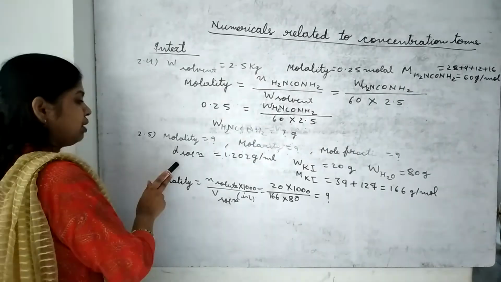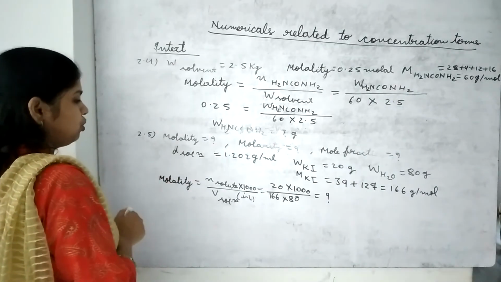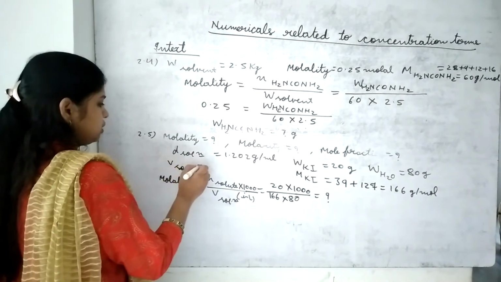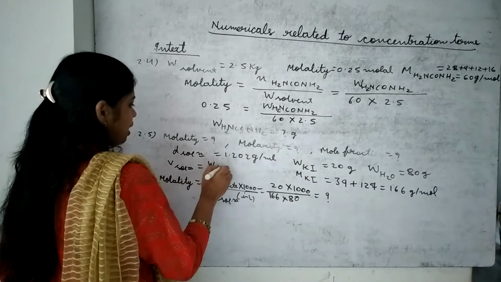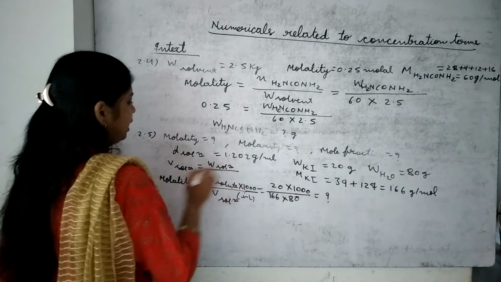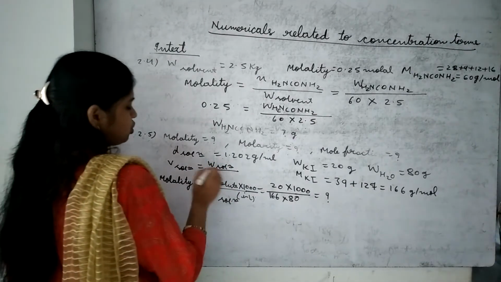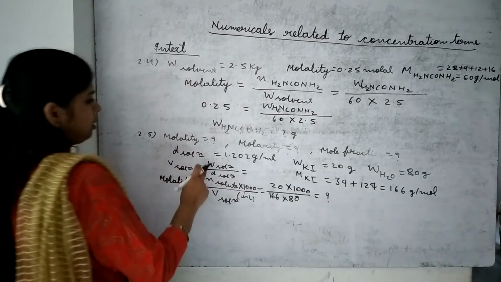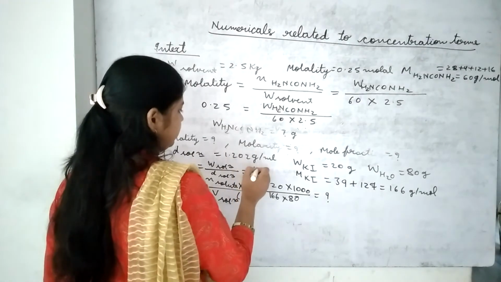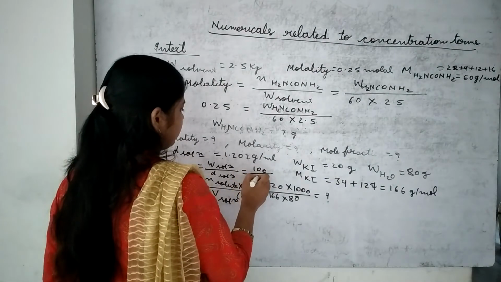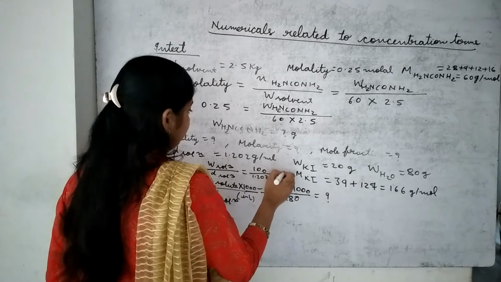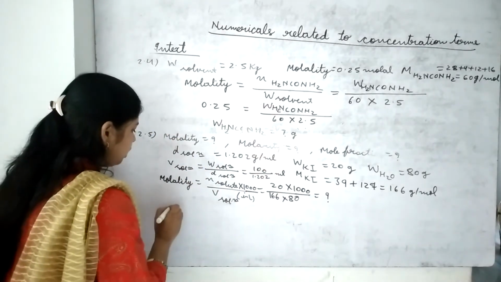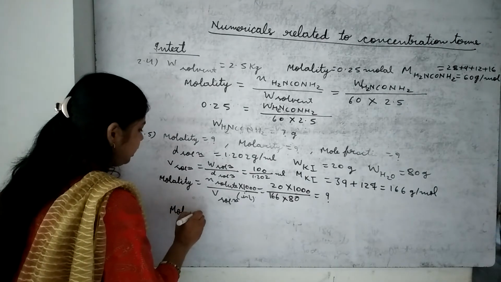Density is equal to mass per unit volume. Volume of solution is equal to mass of solution divided by density of solution. It will be mass of solution 100 divided by 1.202. Here there is no need of finding the answer now. At last we'll find the answer. Now molarity.